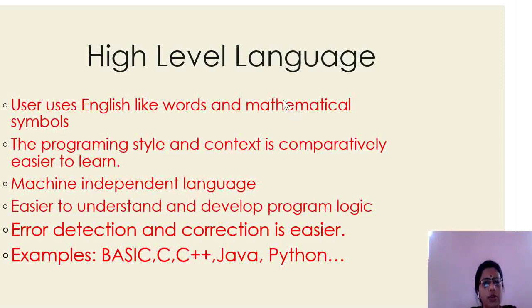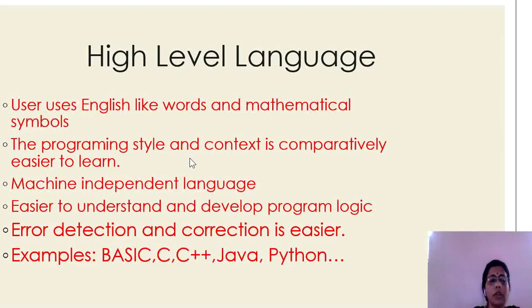Even the user could use his own native language. And since these were English-like words to write a program, it was easier. The style and the context was much easier compared to low-level language. Clear?